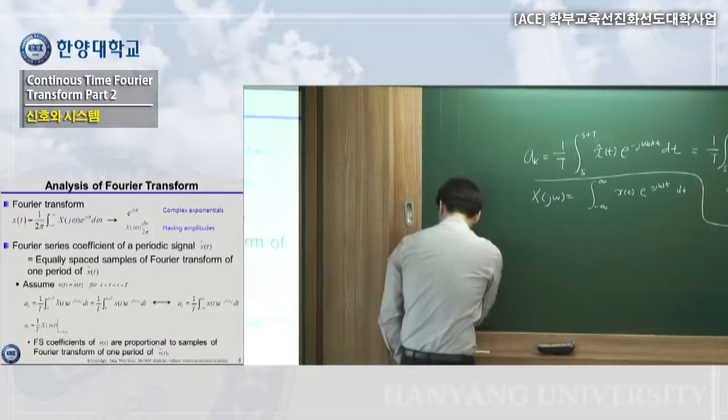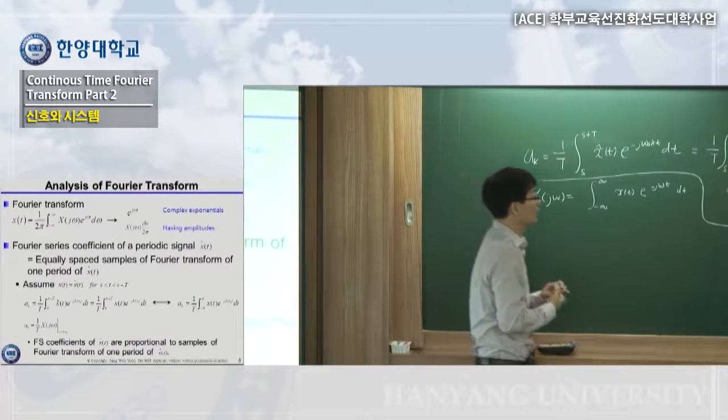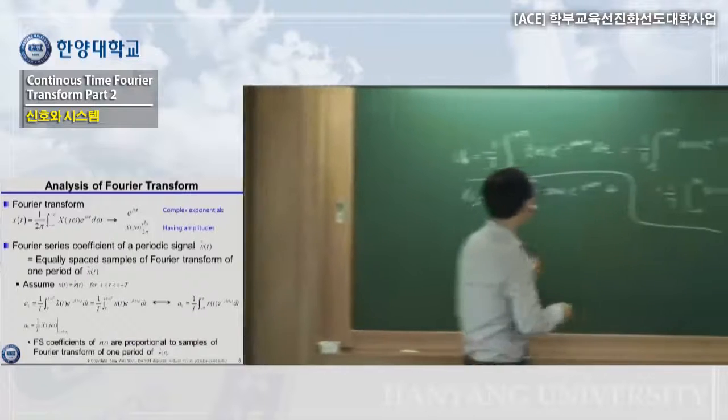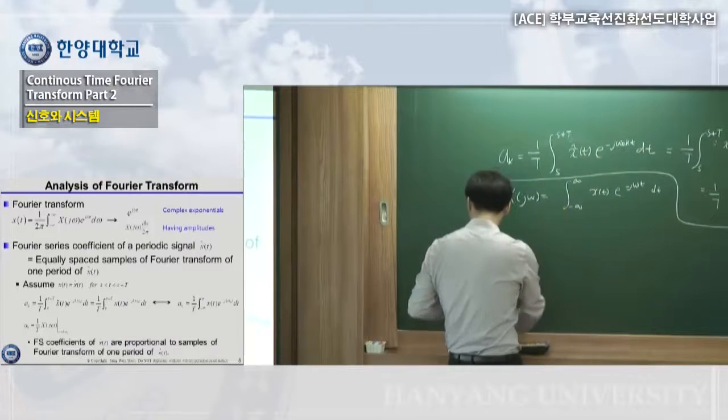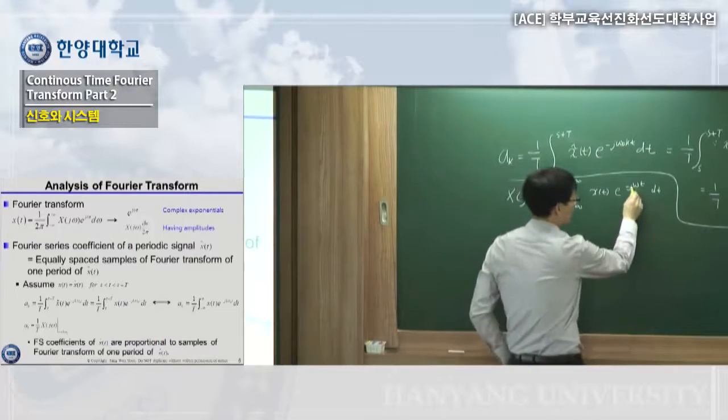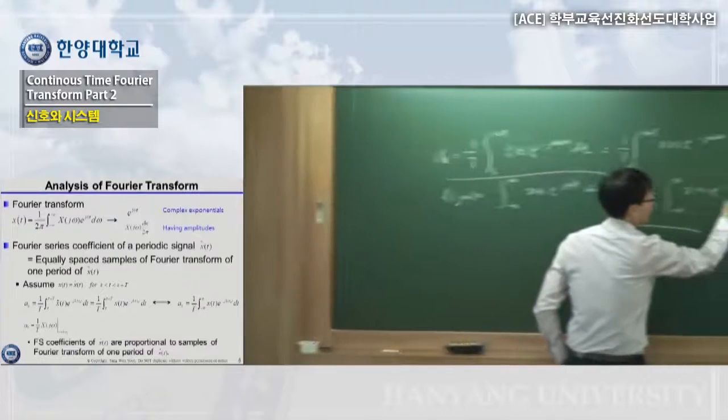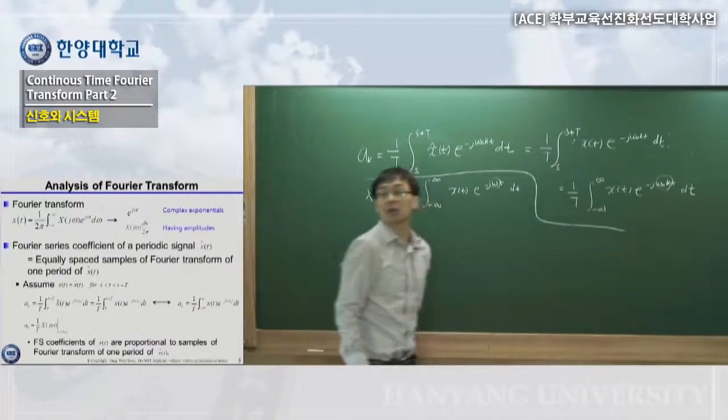In the equation, what's the difference? The only difference will be omega and omega_0, right?